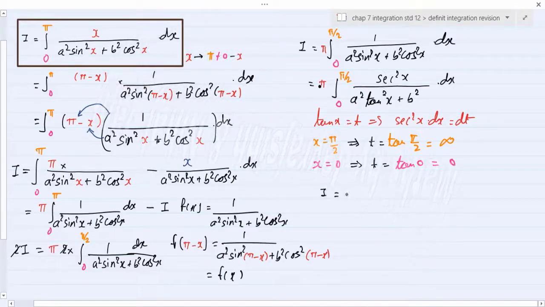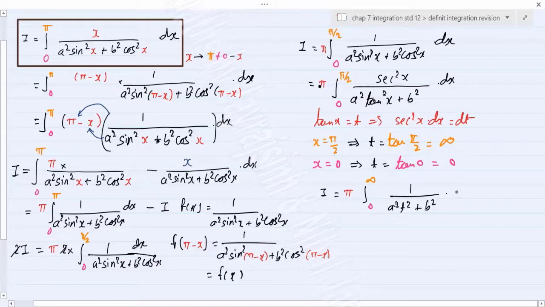So your integration will become, I will be pi times the integration from 0 to infinity of 1 upon a square t square plus b square dt. Let's take a square common.